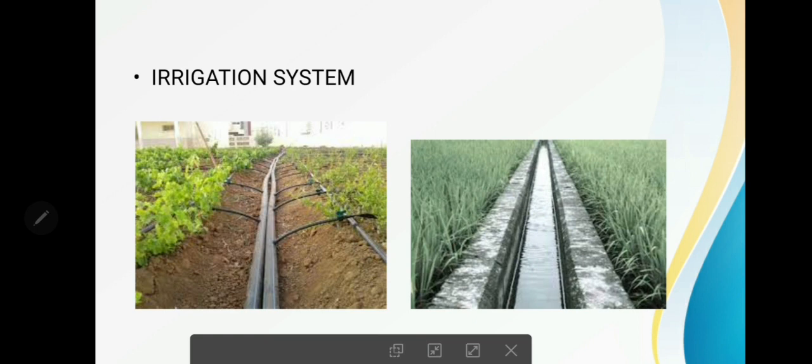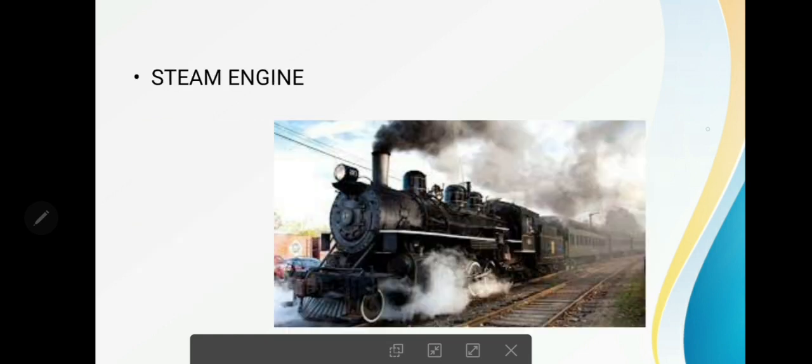So natay daghang type sa irrigation, dili na nato siya matakal diri na ay magamit og pipe, na ay magamit og concrete nga kanal, steam engine. So steam engine kinahanglan gyapon og knowledge about fluid mechanics.